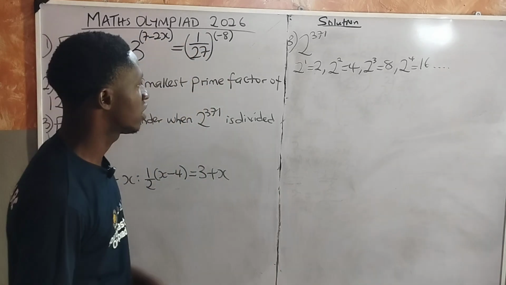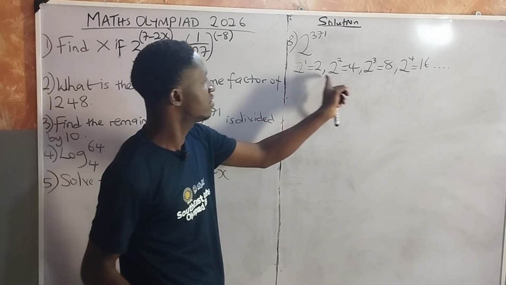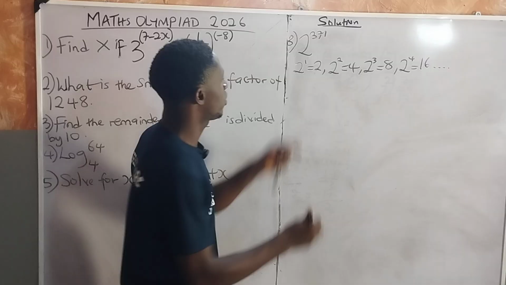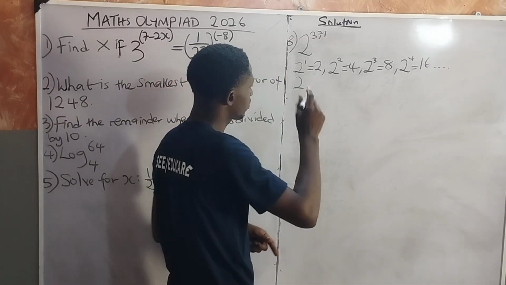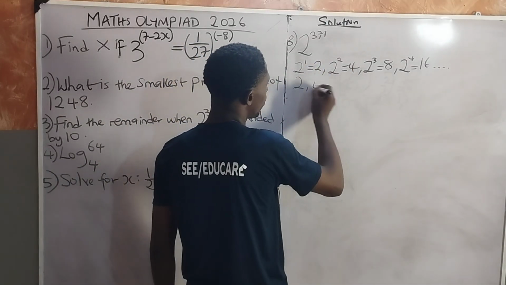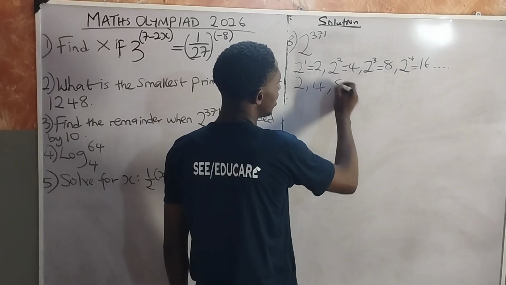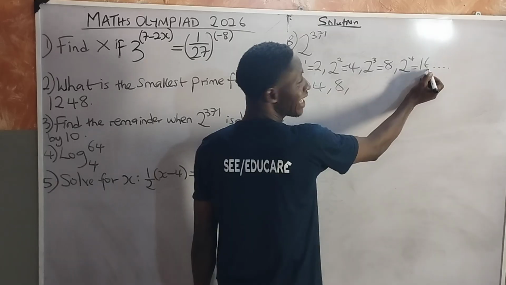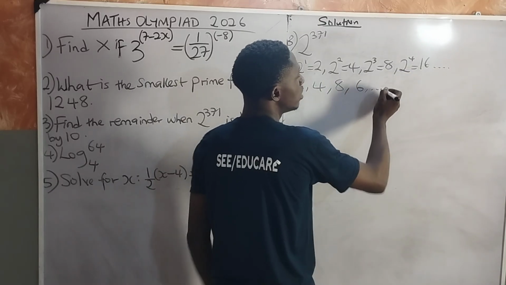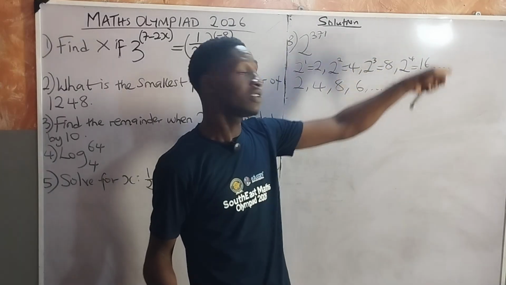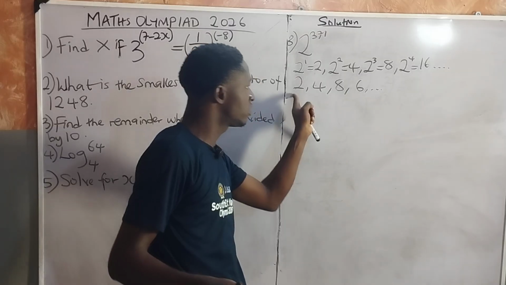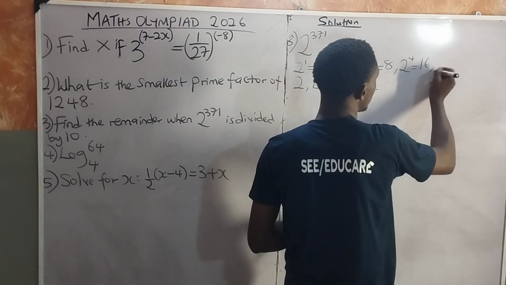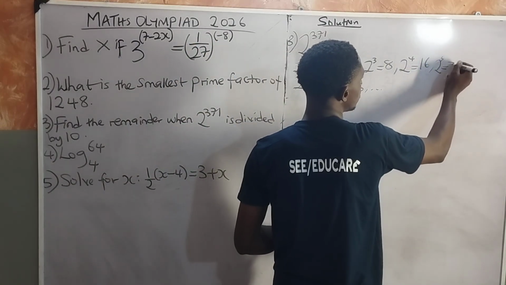What am I trying to say? We are going to be focusing on the last digit of this power. 2 raised to the power of 1 is 2, the last digit. 2 raised to the power of 2 is 4. 2 raised to the power of 3 is 8. 2 raised to the power of 4 is 16, so we pick the last digit, which is 6. The same thing with 2 raised to the power of 5, which is 32.